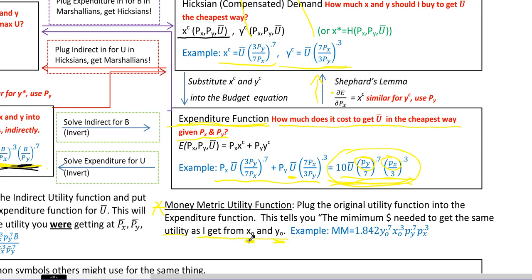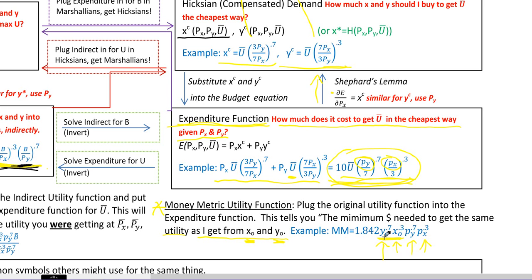And so what you do is you plug in an amount of X that you're thinking about consuming, an amount of Y you're thinking about consuming, and the prices of X and Y. And what this will spit out as the output is, okay, we want to get you the same amount of utility as when you're consuming, say, 3 hot dogs and 2 hamburgers.